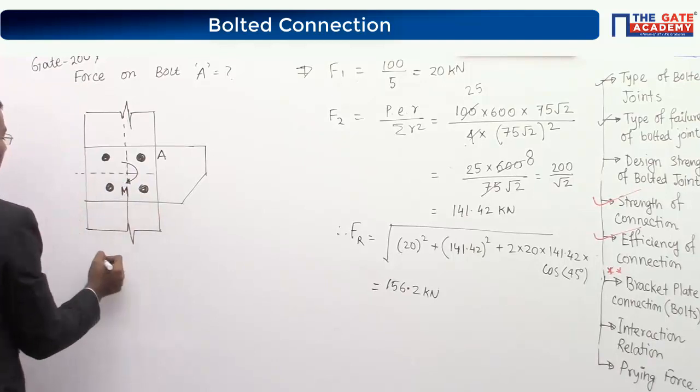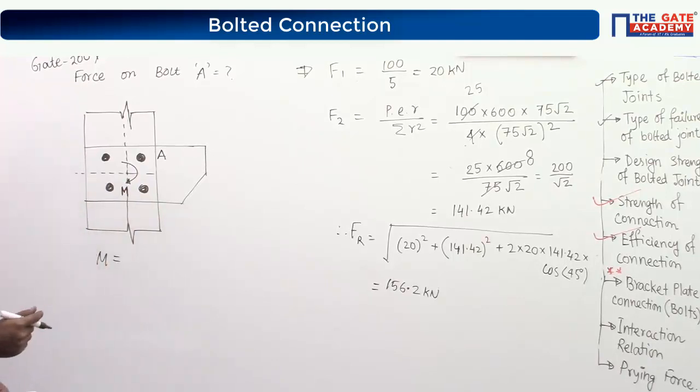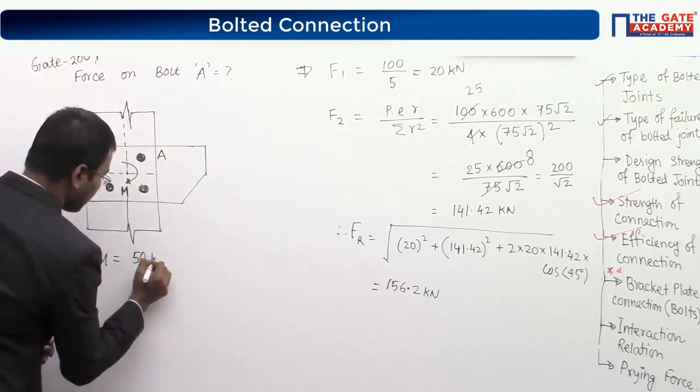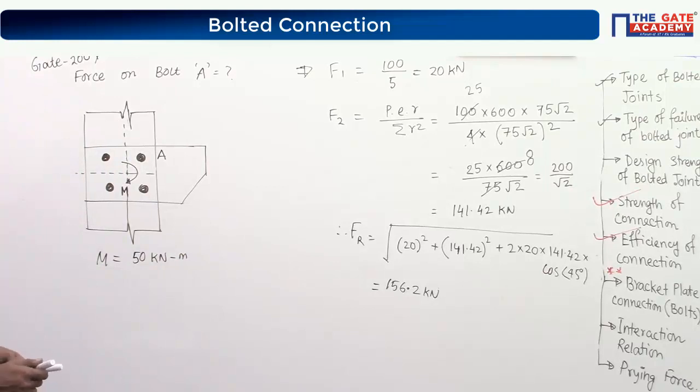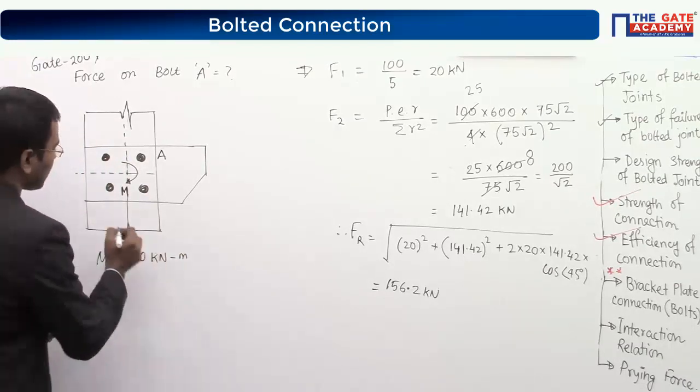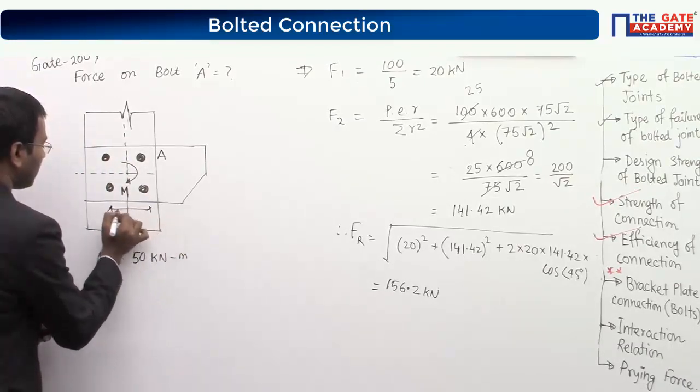Only bending moment M is applied here. M value is given equal to 50 kilonewton meter.